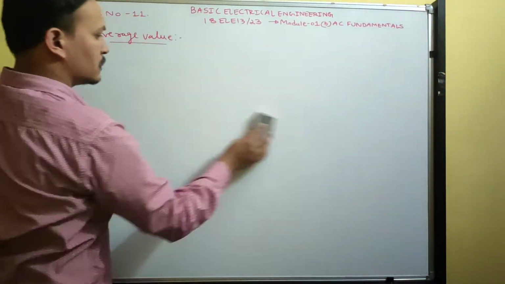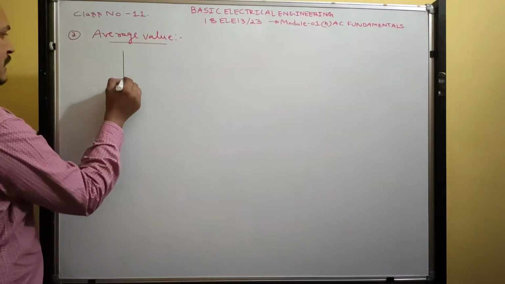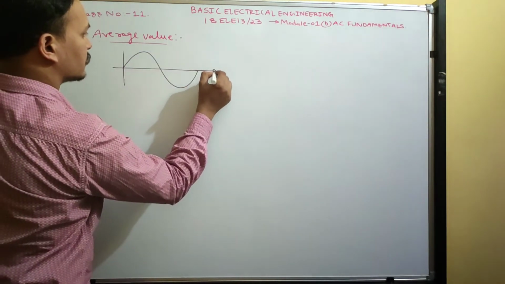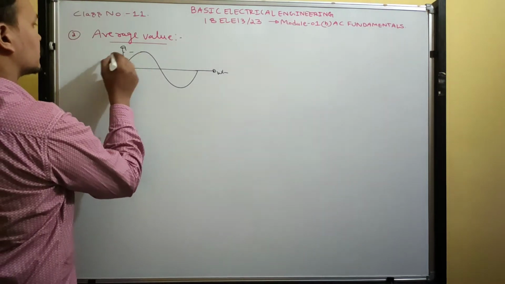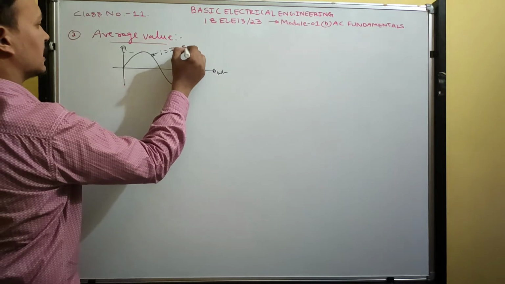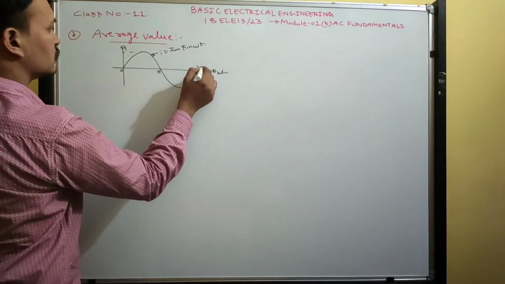So now we can derive the average value. So now for the same sinusoidal waveform, I am deriving the average value. So omega t, this is the maximum value. I am writing instantaneous equation: i is equal to Im sin omega t, 0 to 2 pi.